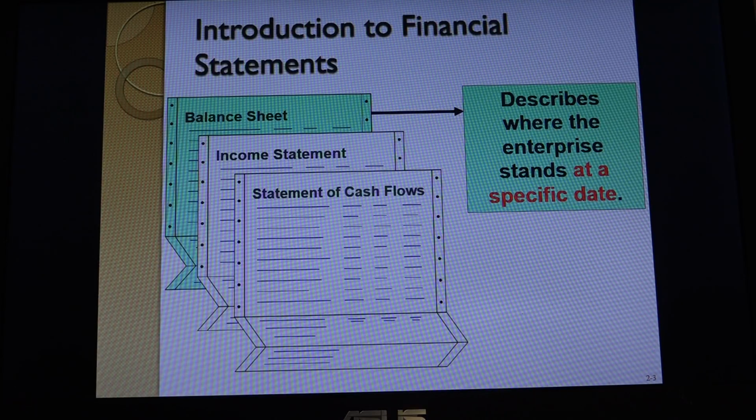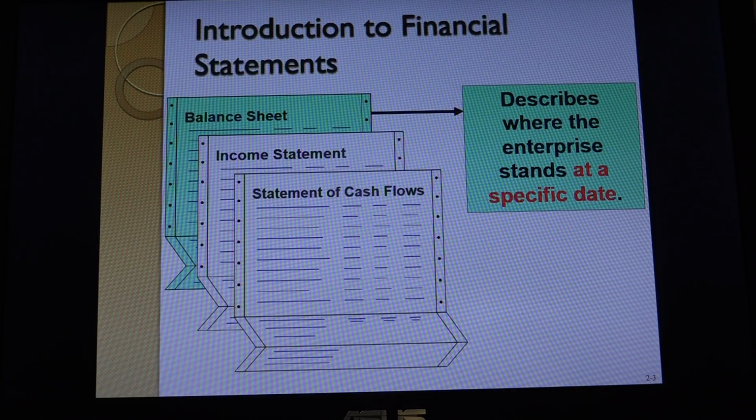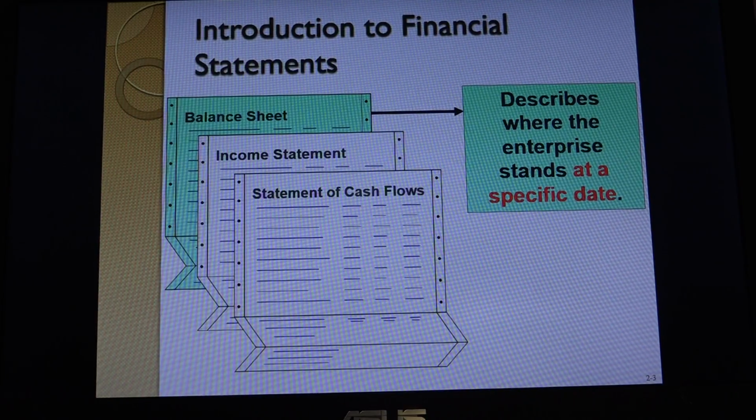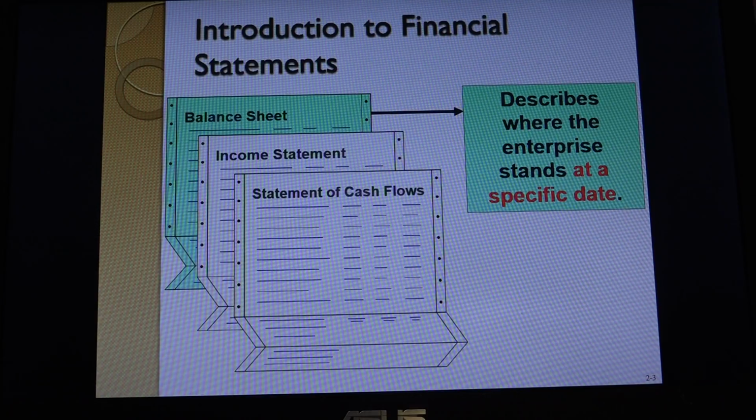Once that day is over, their financial position will change somewhat. Maybe not drastically, but it's an ever-moving target. So, in order to keep score, you have to look at a particular date where you stand, and so that's what we do here with the balance sheet.